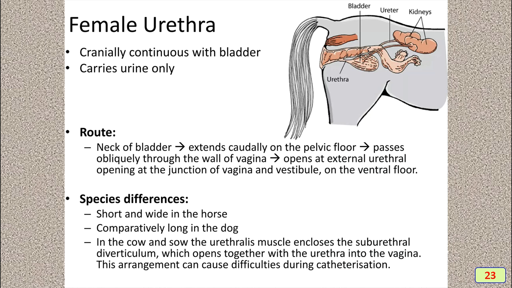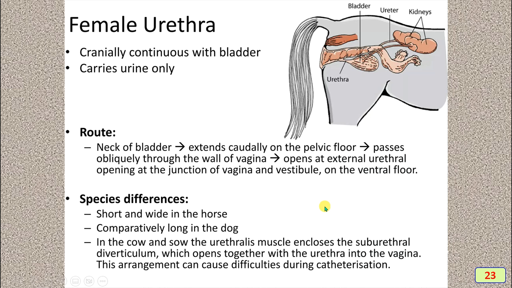It is short and wide in the horse, comparatively long in the dog. In the cow, the urethralis muscle encloses the suburethral diverticulum, which opens together with the urethra into the vagina, and this arrangement can cause difficulties during catheterization, especially in the horse or the dog.